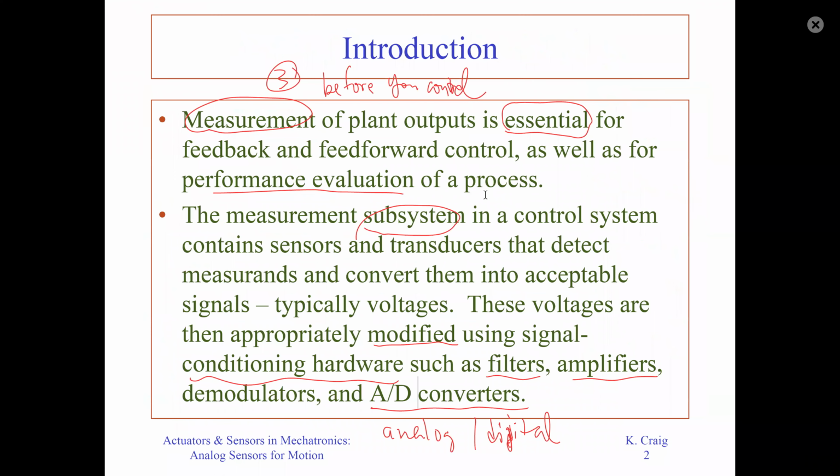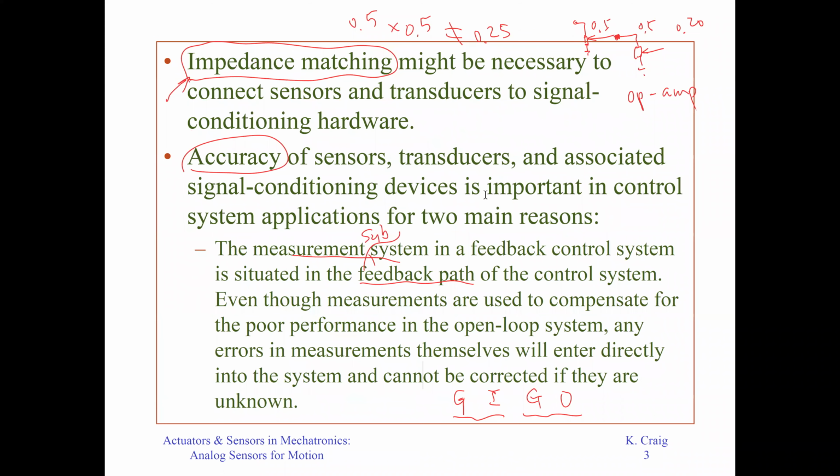Regarding the 3 purposes of measurement, remember, we want to use the measurement to do monitoring, control, and training. We talked about garbage in, garbage out, meaning the sensor accuracy is very important for closed-loop control.